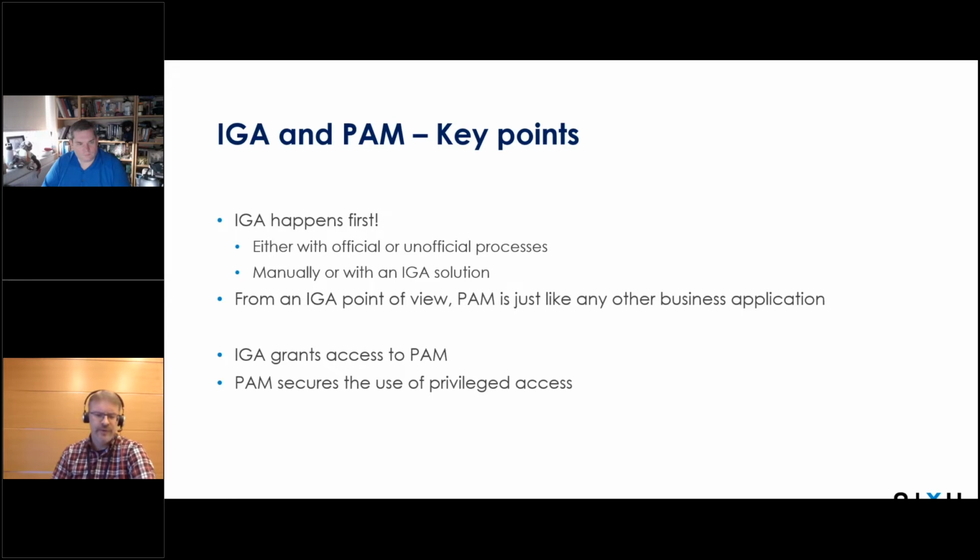So that happens first, and from the IGA point of view, PAM is really just like any other business application. PAM itself isn't in any way special from the IGA point of view. You can control the access rights from IGA into that, just like into any other application or service.